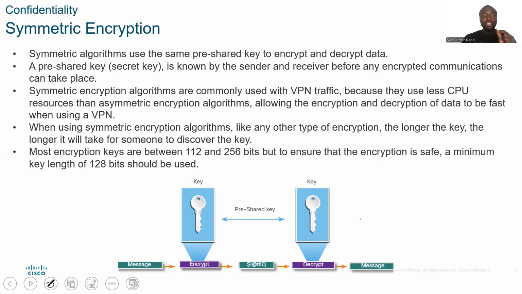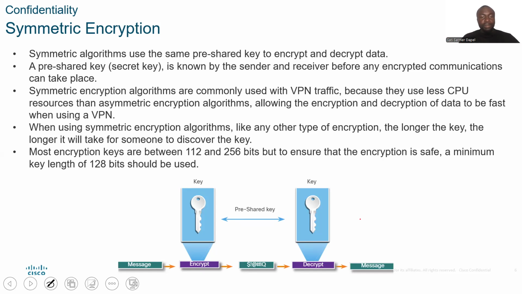When using symmetric encryption algorithms, like any other type of encryption, the longer the key, the longer it will take for someone to discover the key. There are devices now that are used in breaking this or doing this decryption. The key length works like permutation, so it determines how long it's going to take.